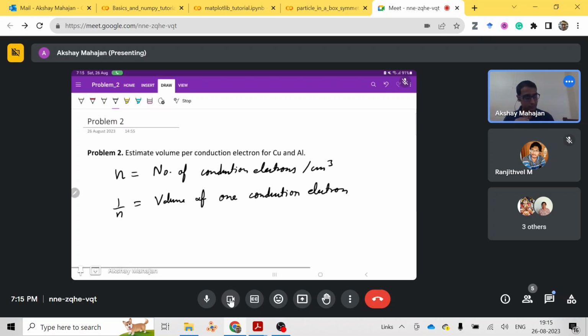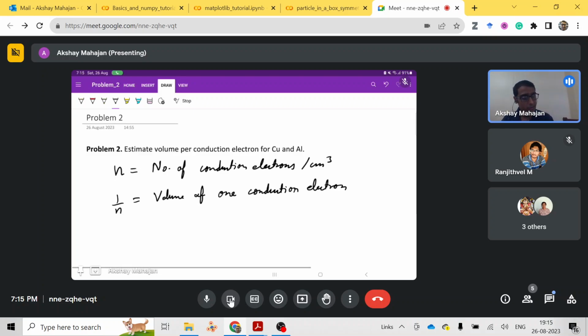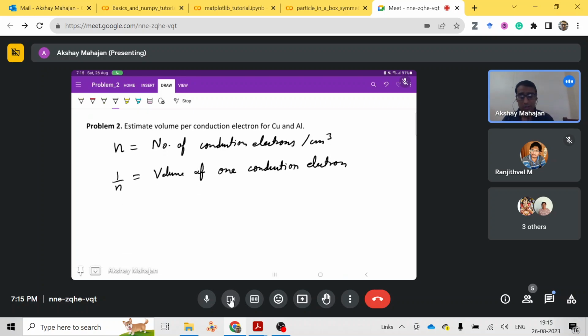Now, this is clear. We have calculated the free electron density, and if we want to find the volume of one conduction electron, that will be just 1 by n, the total volume divided by the total number of electrons.